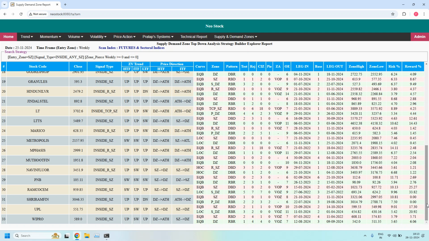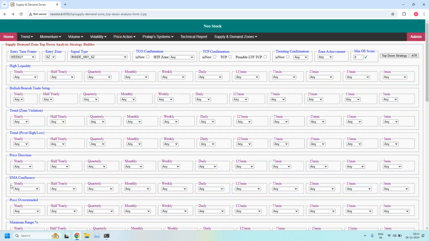In all these 33 stocks, current prices are closed in weekly supply zones. Okay, out of these 33, how many of these weekly supply zones are having weekly EMA Confluence? Let's verify. But trend should be either up or down, not sideways. So in the EMA Confluence, weekly time frame, weekly supply zones having weekly EMA Confluence.